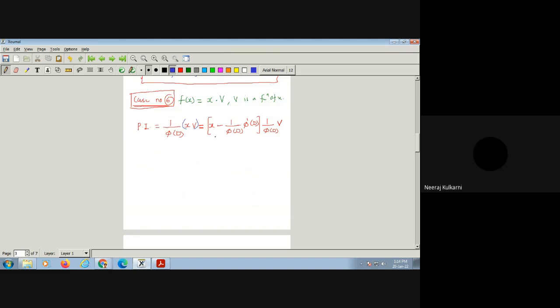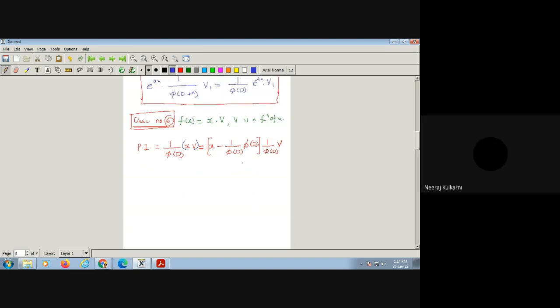Sir, if v is a function of x, then isn't it similar to the x raised to m condition? It will be if v is a polynomial. If v is a polynomial in particular, then that will be similar to case number 4. You're right. But if v is not a polynomial, like sine ax or exponential, we can say, if v is e raised to ax, then that will be similar to case number 5 also.